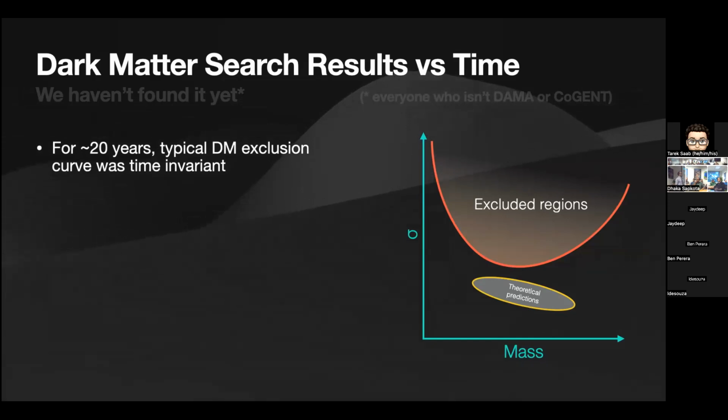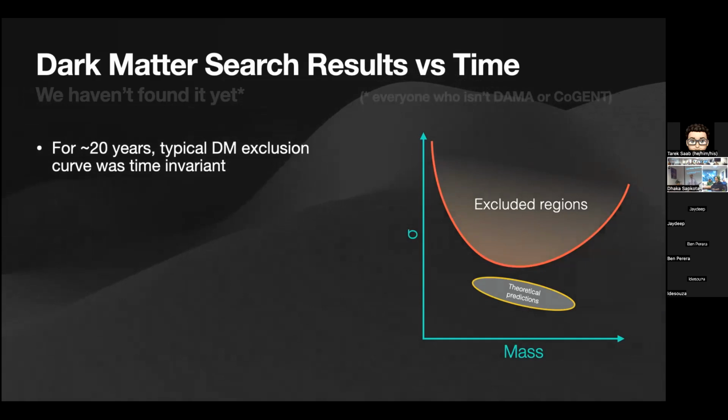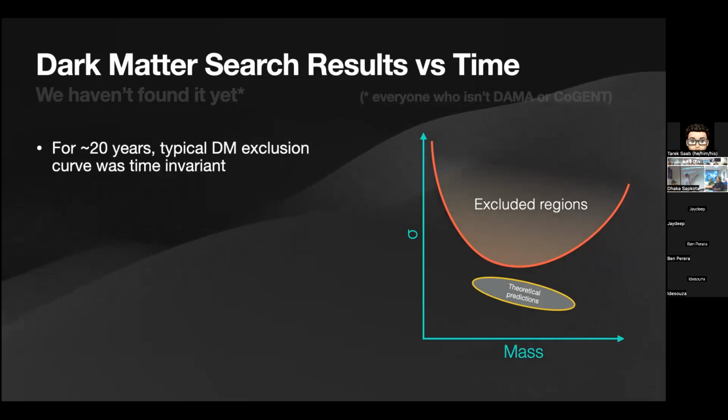So what is it that you get when you actually build and operate a dark matter experiment? We are really sensitive to two parameters of the particle, namely the interaction cross-section, which is proportional to how many events you see in your experiment, and the mass of the dark matter particle, because that comes from the shape of the spectrum, how steep or how flat it is. For the many decades that these kinds of experiments have been operating, the main result you present in the paper is called an exclusion plot, plotting cross-section versus mass.